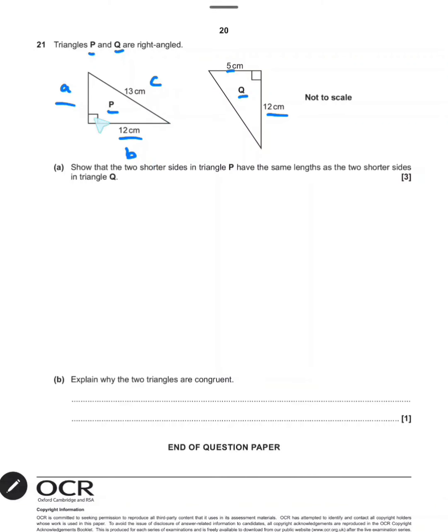So we've got A, B and C. A and B are the shorter sides, C is the long side, and we write A squared plus B squared equals C squared. We're going to substitute these numbers in. Well, A is what we're looking for, B is 12, and C is 13.